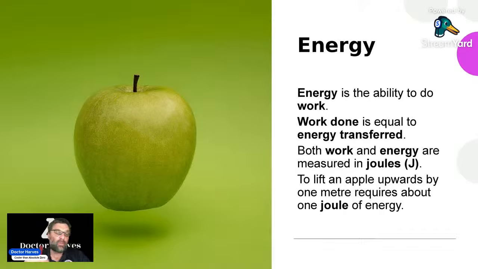So when you're doing work, you're applying a force over a distance, you are creating energy, and it also requires energy to do work, to push a force. For example, to lift an apple, as we see here, this green apple, upwards by 1 meter requires 1 joule of energy. So that's what energy is.